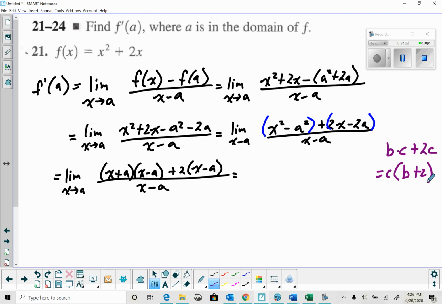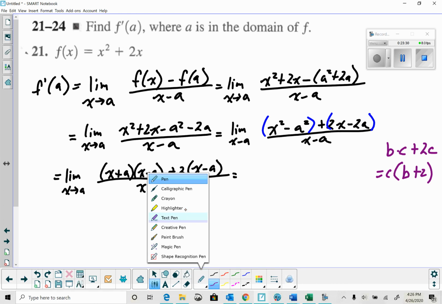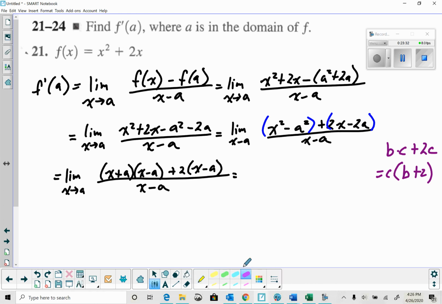Again, if you need to rewind, the little purple stuff on the side is just a shorthand version of what I have written on the far left there in black.